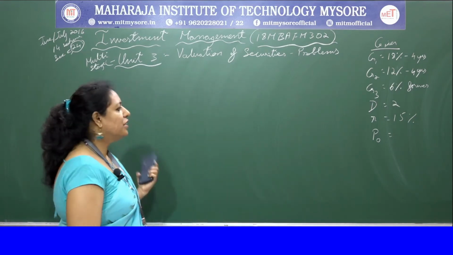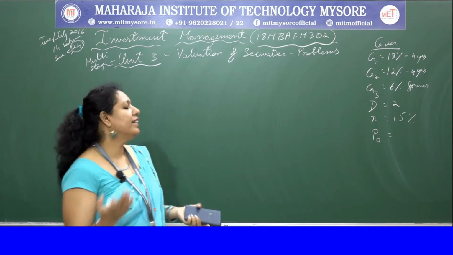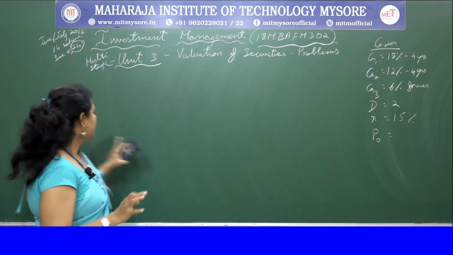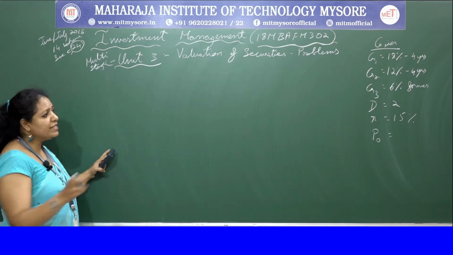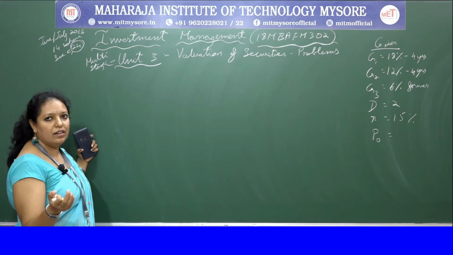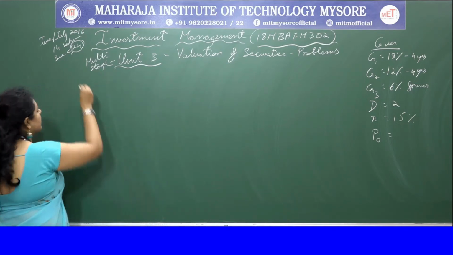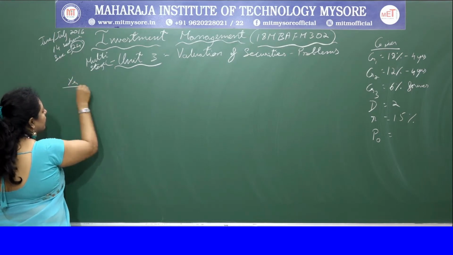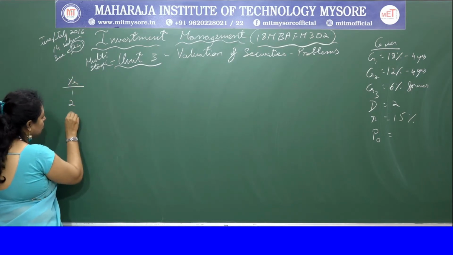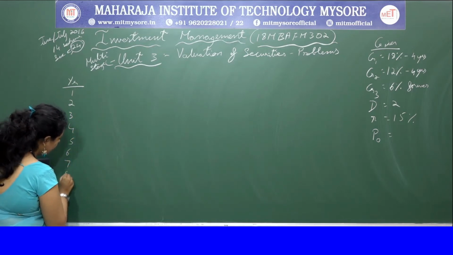To do the problem, we have G1, G2, G3, the dividend, and R. The first growth rate is constant up to 4 years and the next growth rate is for 4 years, so in total we have to take 8 years: 1, 2, 3, 4, 5, 6, 7 and 8.